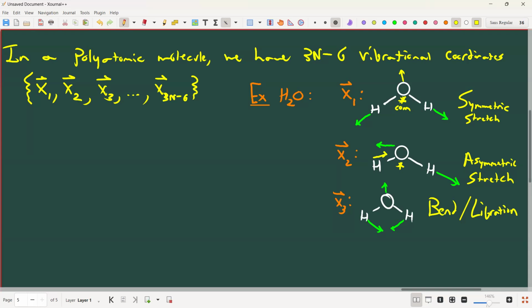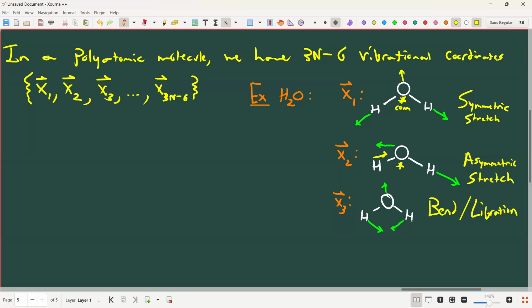Think of these coordinates, these x's, as actually vectors of all the coordinates of all the atoms, all moving along a certain trajectory. These are the three unique ways for the water molecule to move, three different collective coordinates. You can imagine that each one of these collective motions has a potential energy.